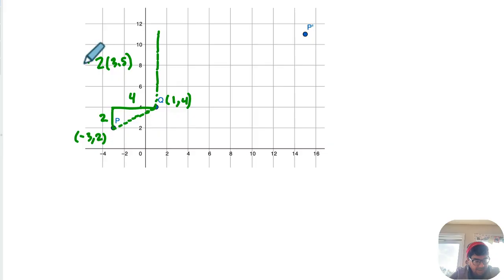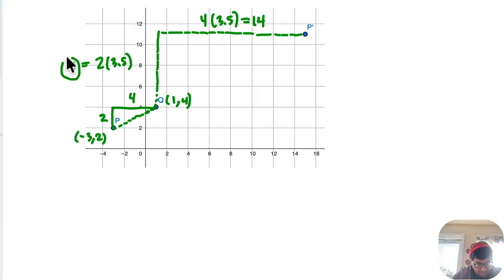So 2 times 3.5 is going to be 2 times 3, which is 6, plus a half of 2, which is 1, so that's up 7. And then instead of going over 4, we're going over 4 times 3.5. And that's 12 plus 2, or 14. Now, our answer is not 7, 14. It's saying we go up 7 and over 14 from this point (1, 4).